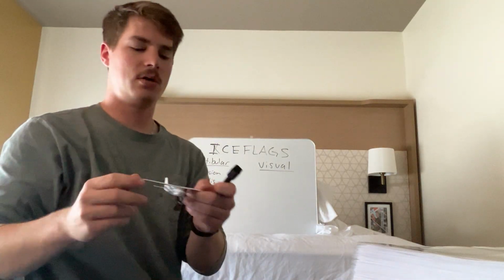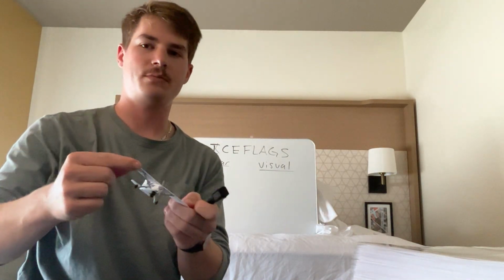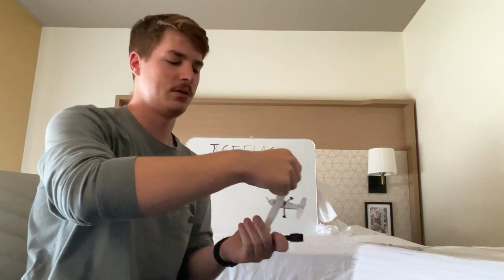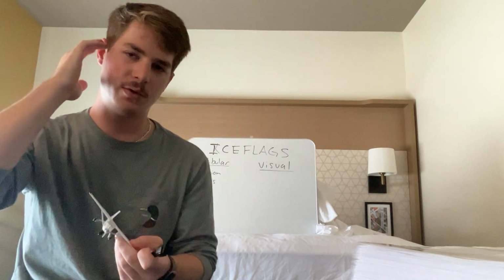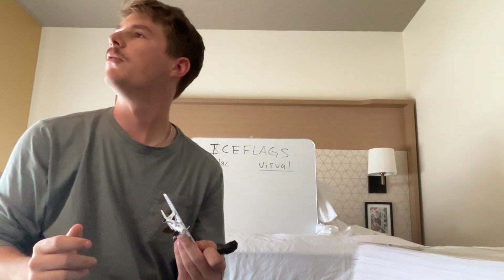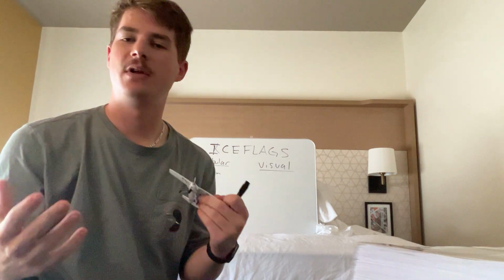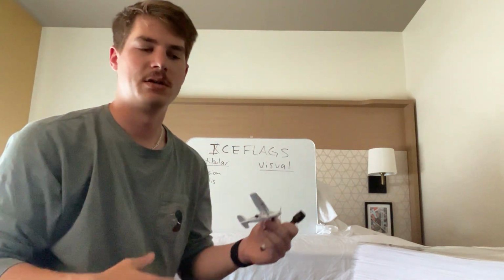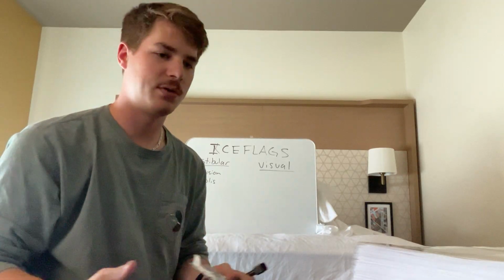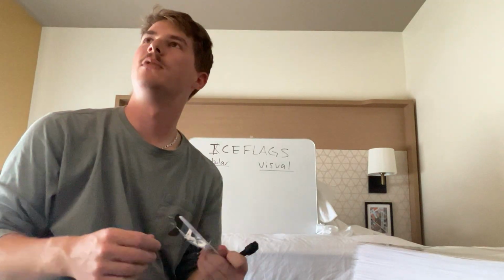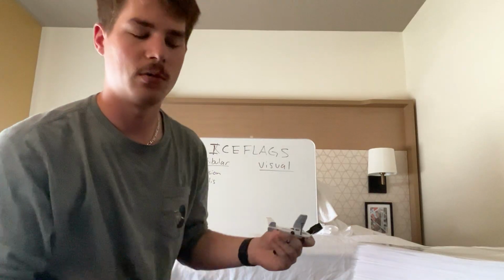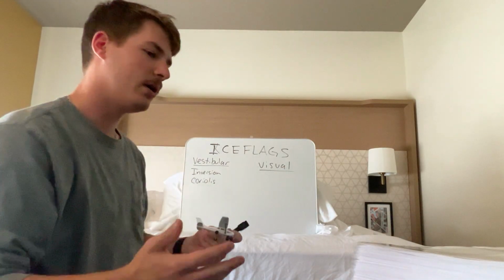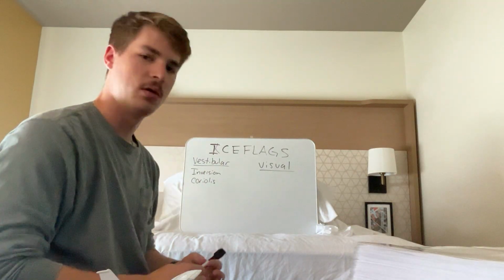So if your aircraft is turning and you hold that, and the fluid in your ear settles, and then you turn your head really quick, you'll get a feeling that you are moving or rotating in a different axis. So like if you're turning, you may feel like you're falling backwards, or you're going forwards, or maybe you're yawing. And again, it's just the movement of that fluid in your ear.